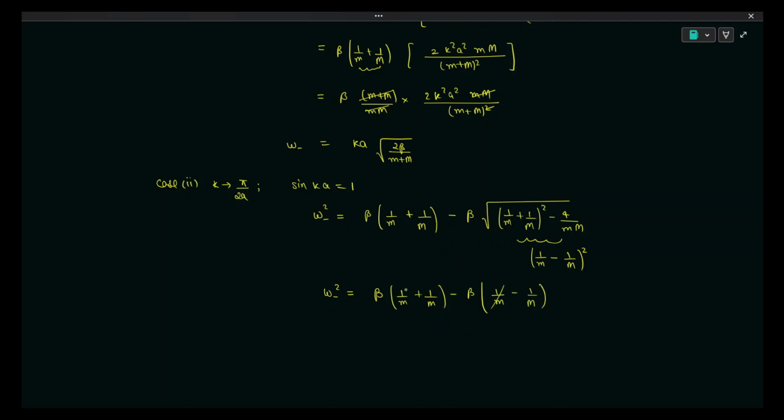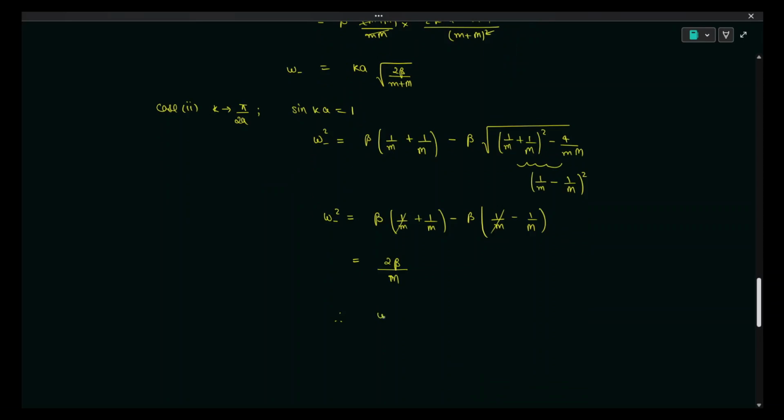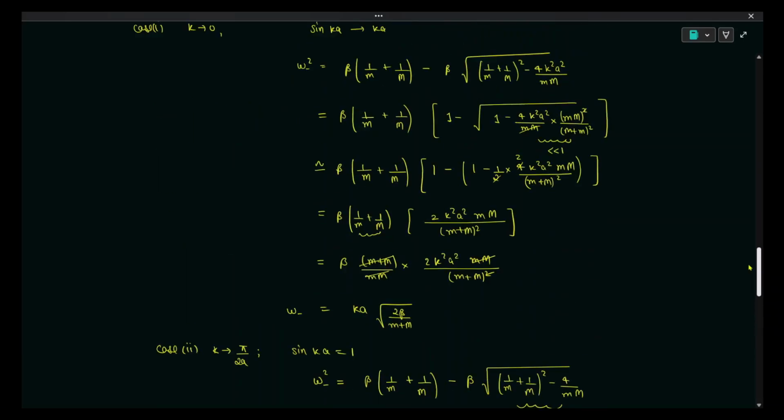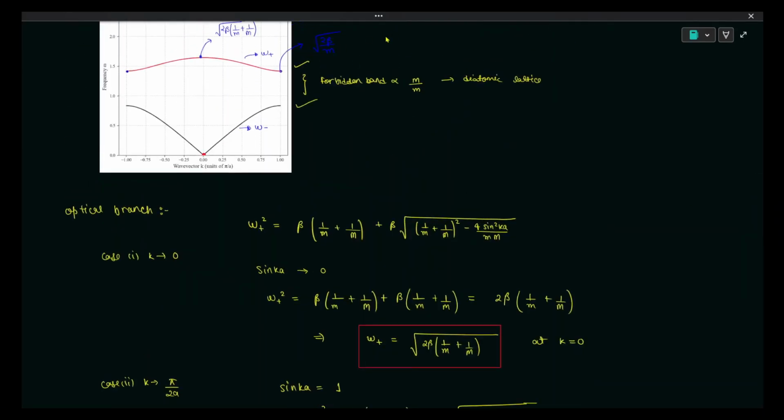So from here this first term will get cancelled, and what we are left with is 2 beta divided by capital M. Therefore omega, the value of acoustical branch frequency at the zone boundary, will be 2 beta divided by capital M. So this is the value at the zone boundary here.